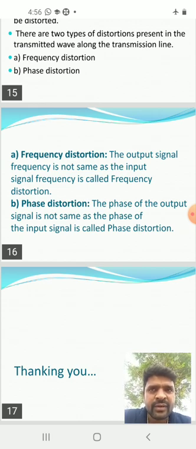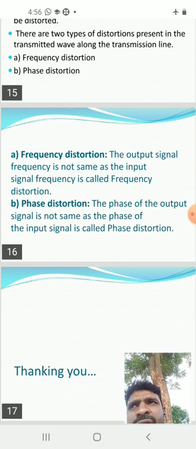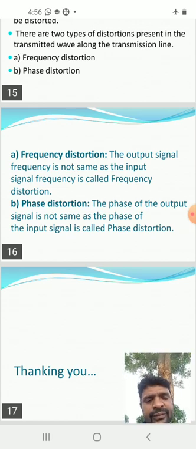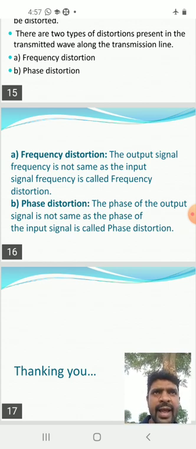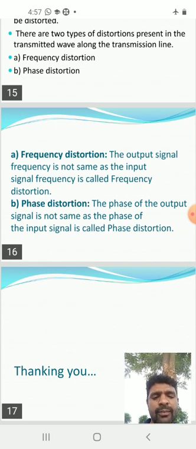Any change in the output phase of the signal compared to the input signal is called phase distortion.